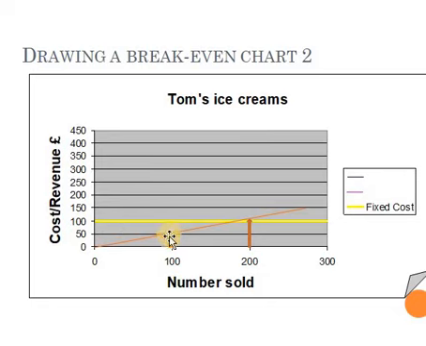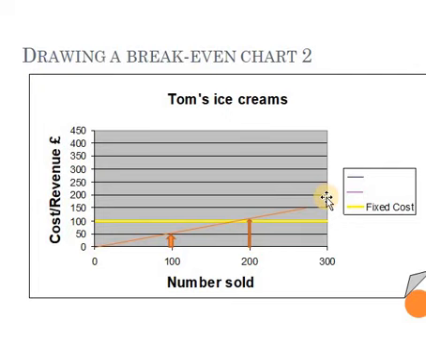Now, if he gets the chance to sell 200 units per day at a cost of $0.5 each, so 200 times half, this is going to give you $100 cost. So if I determine these points, I will be able to draw the line of the variable cost.